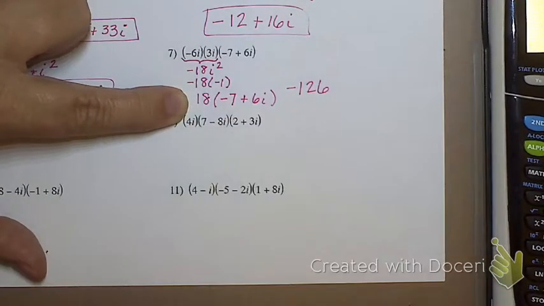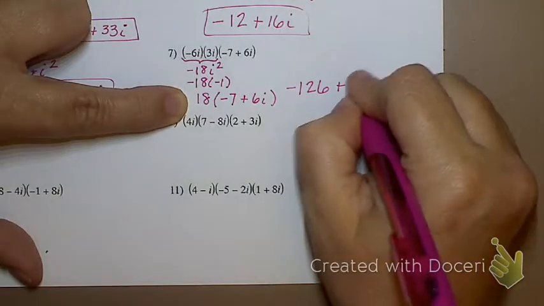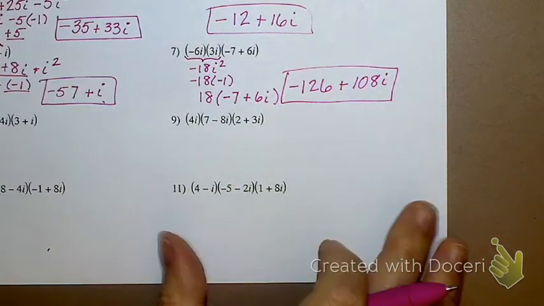And then 18 times positive 6 is plus 108i. Not too hard, right?